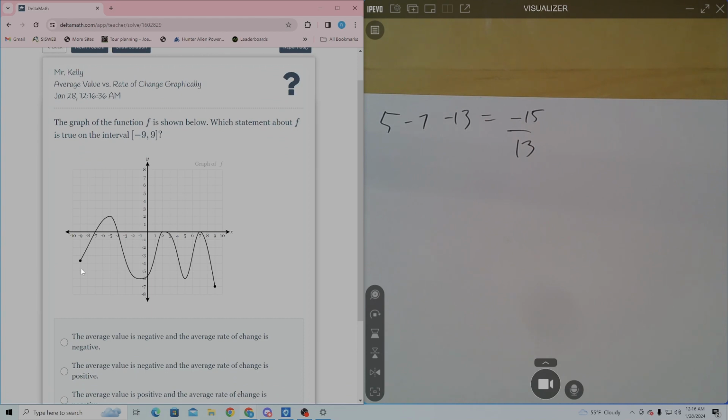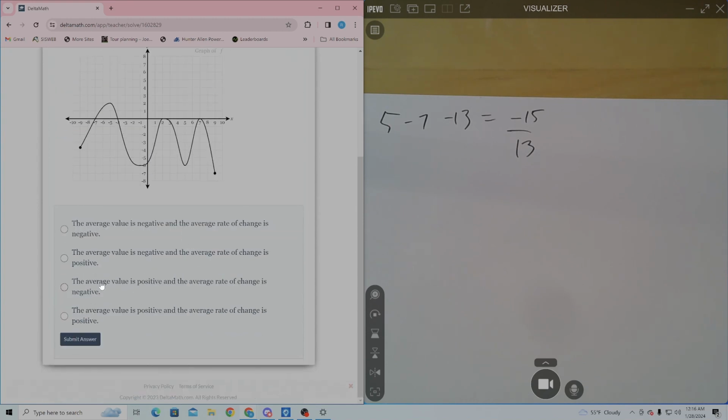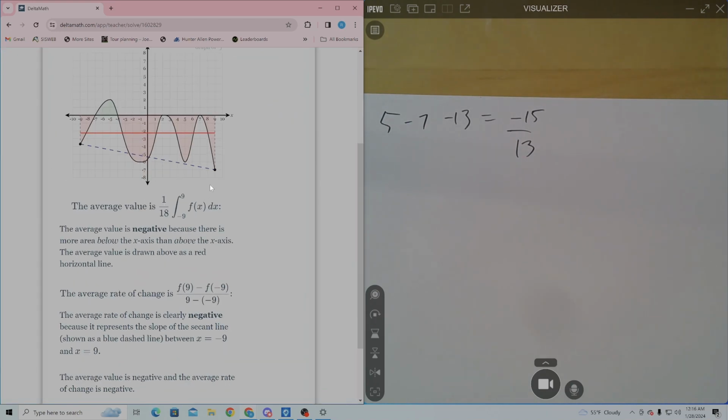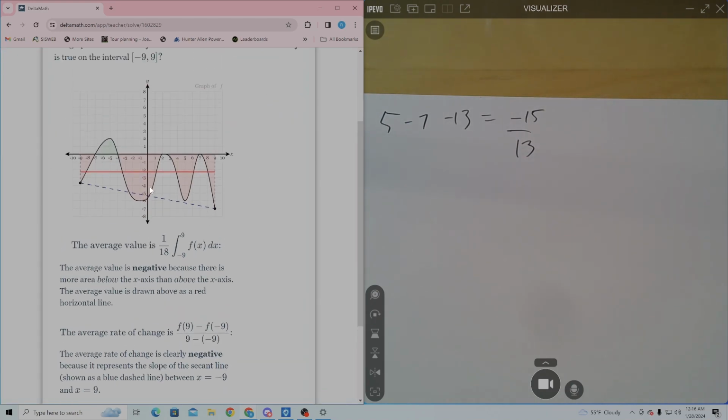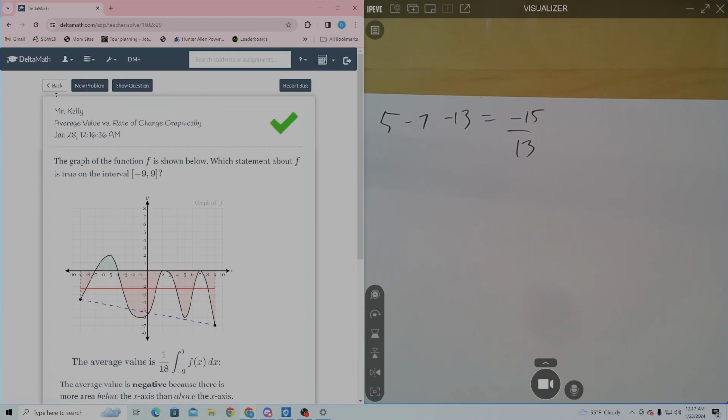The average rate of change is like this line right here, which is decreasing. For the average value, you look at the areas. See all this negative area down here? So they're both negative. You can see here, decreasing average rate of change and negative average value.